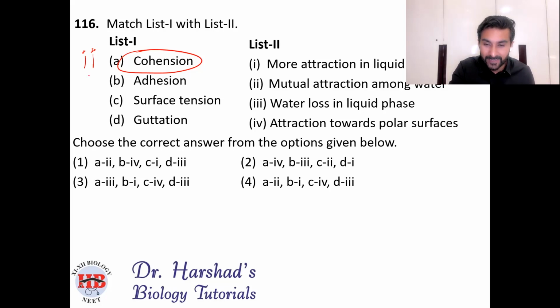So B would be 4, attraction towards polar surface. Now, surface tension, if you remember, is the attraction in liquid phase. So C would be 1. And guttation is the loss of water in the form of liquid through hydathodes. So that would be D3. So A2, B4, C1, D3. And that would be our option number 1.